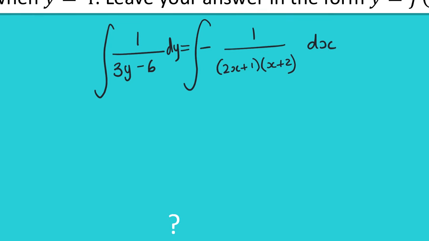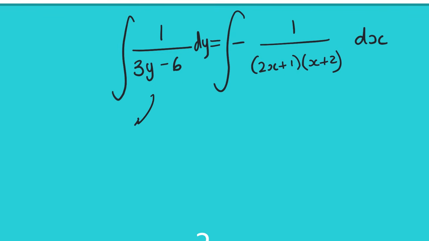So if we focus on the left-hand side first, what is the integral of 1 over something? Ln of the modulus, and then divided by what? 3, because it's the differential of the bracket. Okay, guys, remember, this is going back to Pure 3 and now.